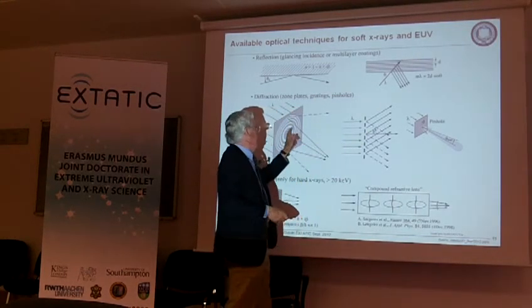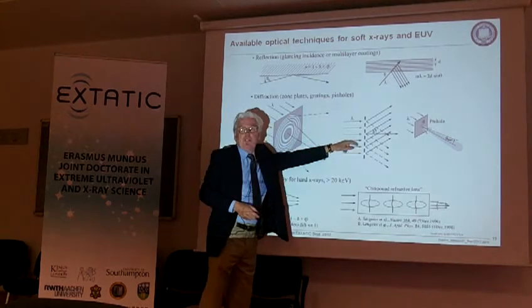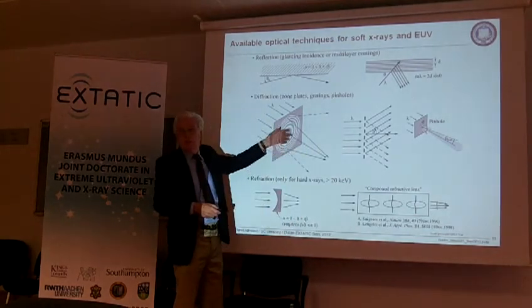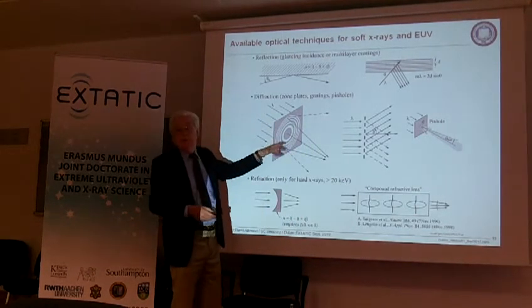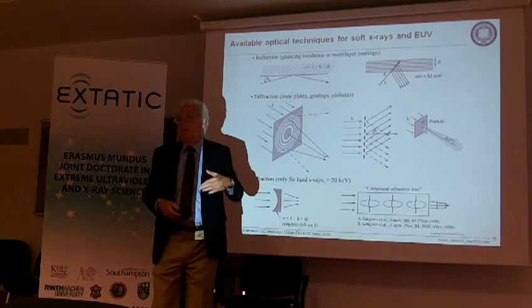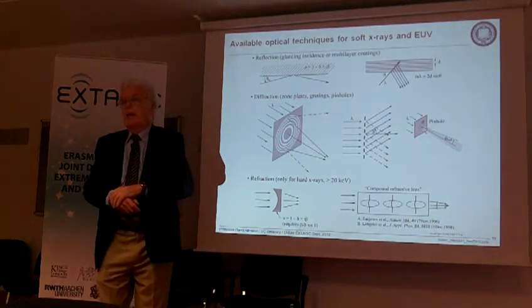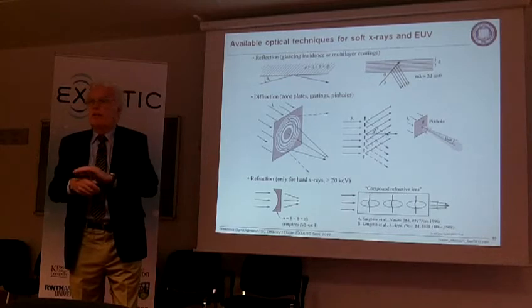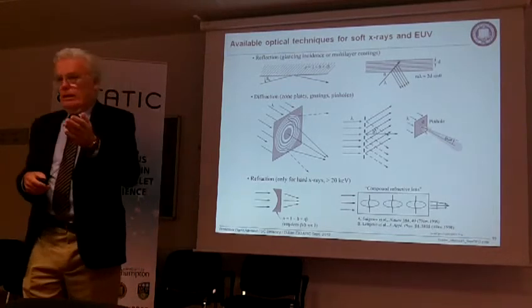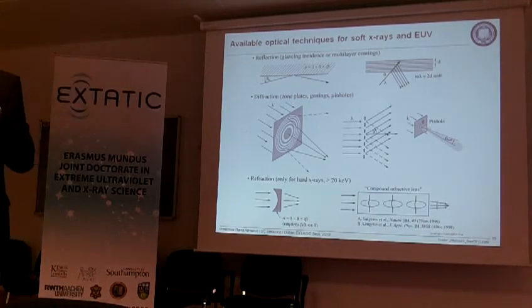For instance, in these zone plate lenses, which are just a circular version of this, the common materials are gold and nickel, and other materials also. Nickel's absorption edge is around 700 or 800 eV, I forget exactly where it was on that chart. But you can get little phase effects.